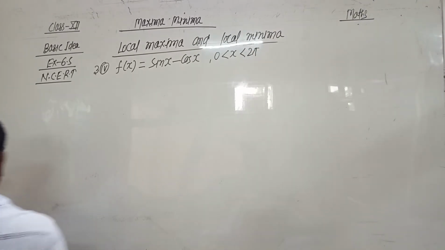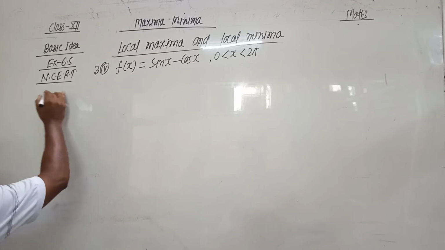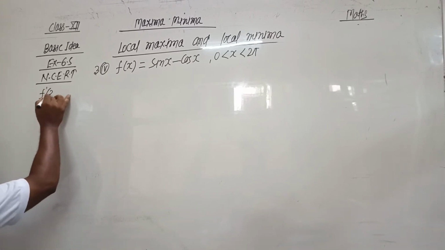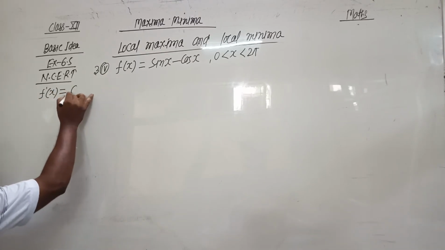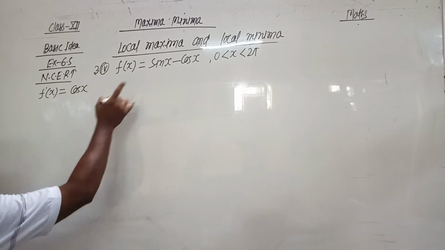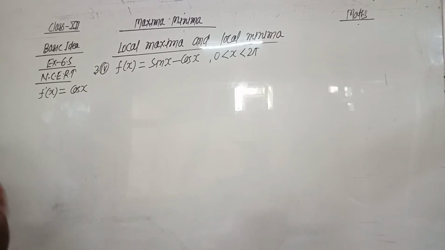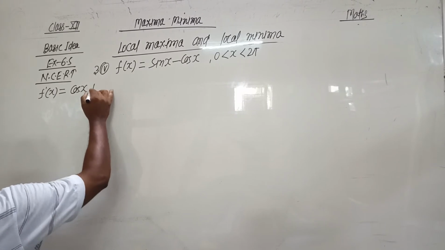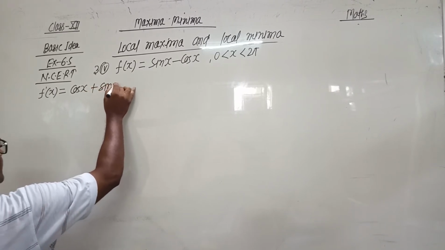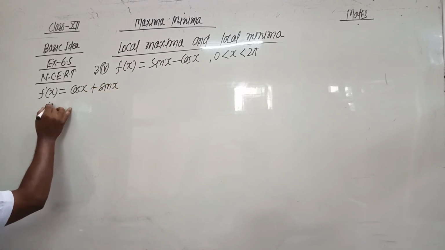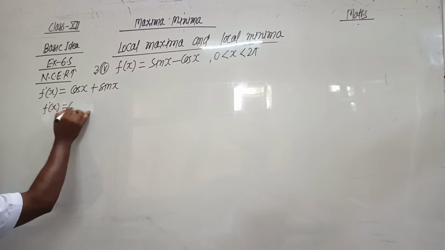So first we differentiate the function. So f dash x equals cos x, and the differentiation of cos x is minus sin x, minus minus plus, sin x. Then f dash x equals 0.